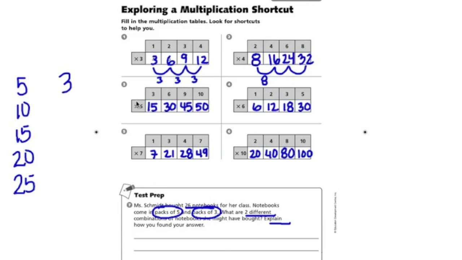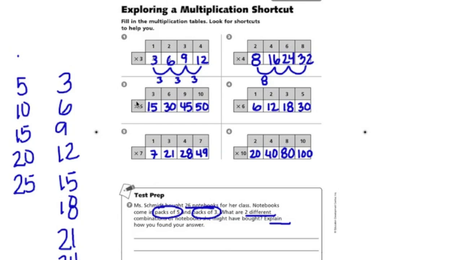I have 3, 6, 9, 12, 15, 18, and 21. I also have 24. You only need to list ones that are between 1 and 26 because you don't want to go over the number 26.